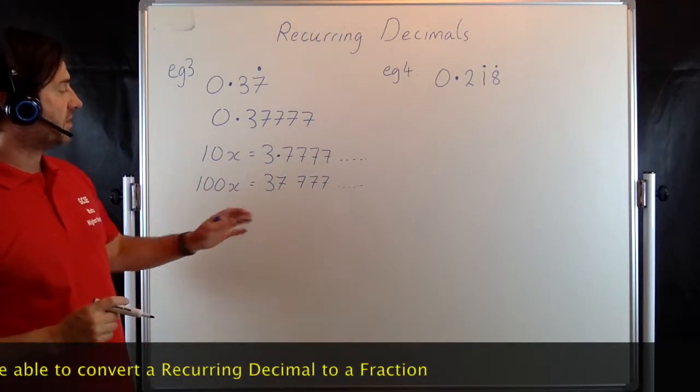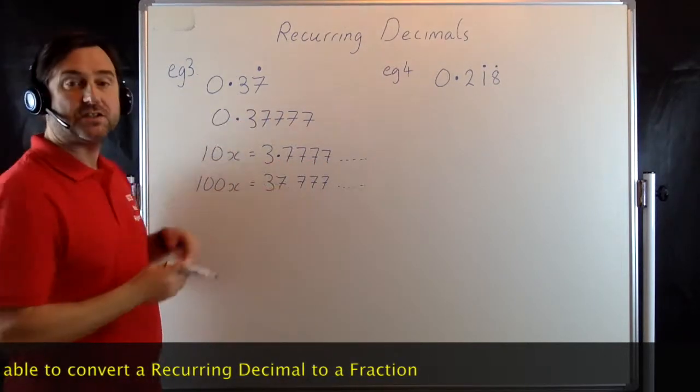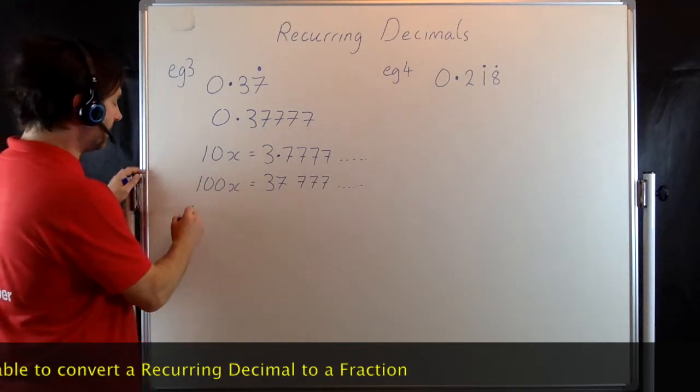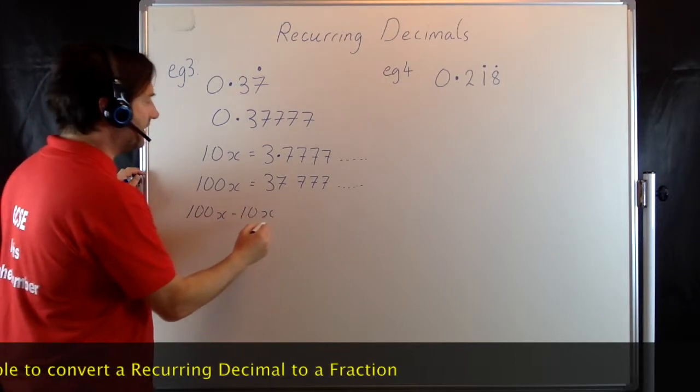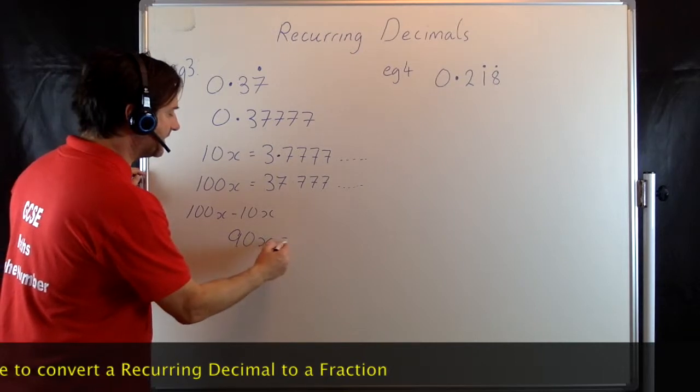Now what I've got, you see, is the 0.77 in both of these expressions here. So what I could then do is say, well, 100x take away the 10x is going to leave me with just 90x.